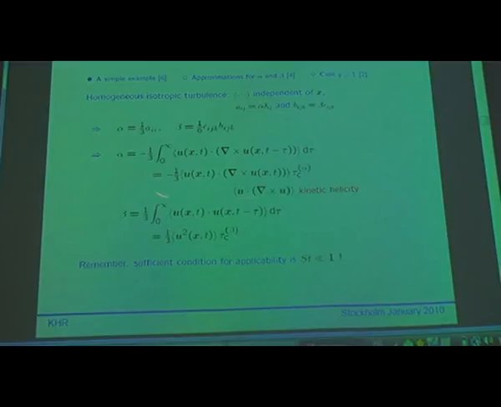Often it is written in this form, where this characteristic time tau c alpha is just defined by equating these two expressions. And then alpha occurs as a quantity which is determined by what we call the kinetic helicity, u dot curl u. And for beta we have this relation.